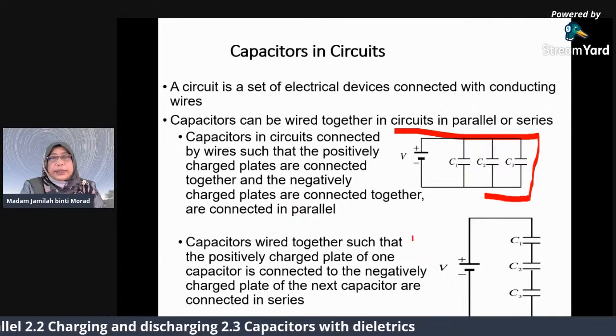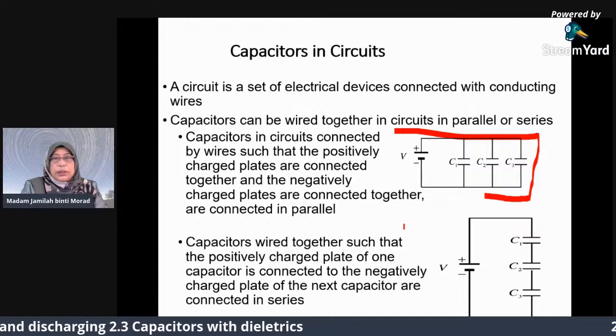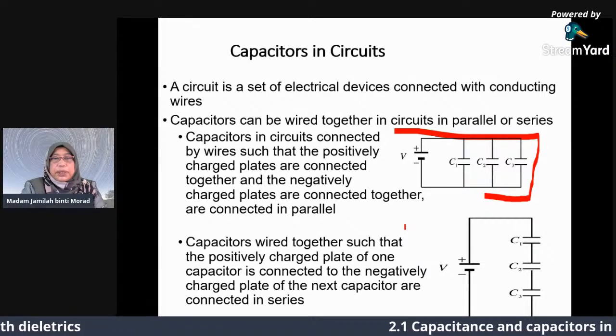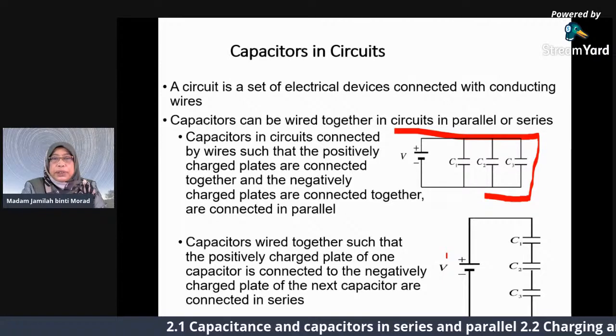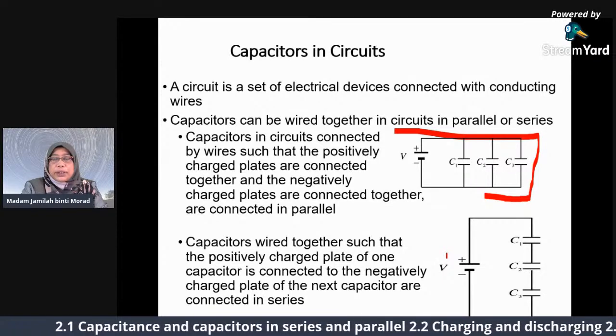How about series connection? Capacitors wired together such that the positively charged plate of one capacitor is connected to the negatively charged plate of the next capacitor are connected in series.